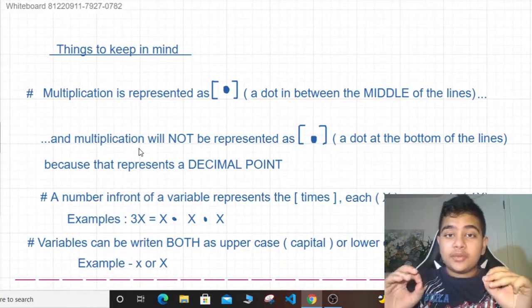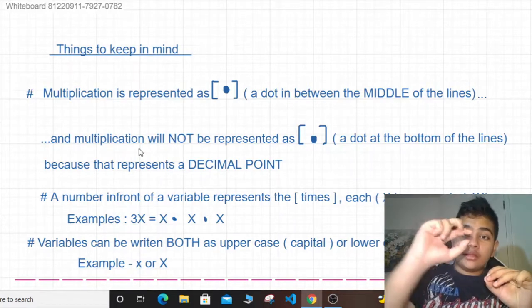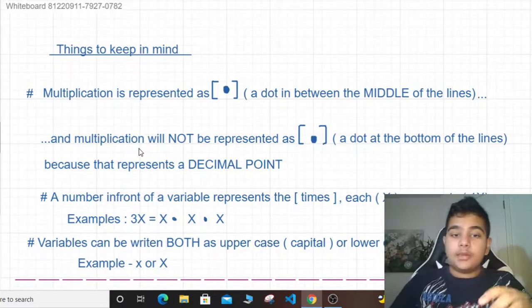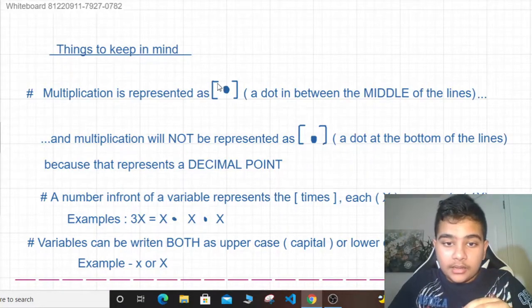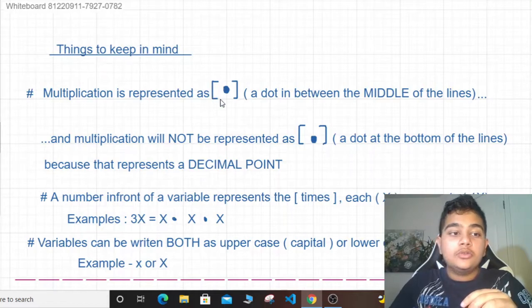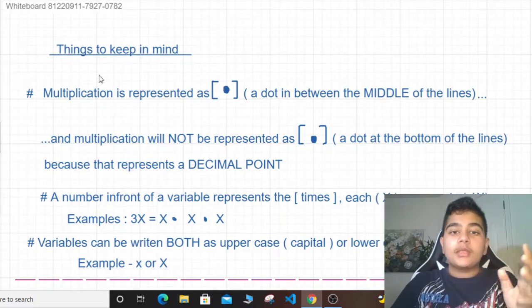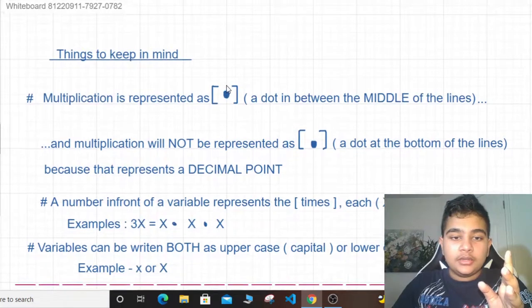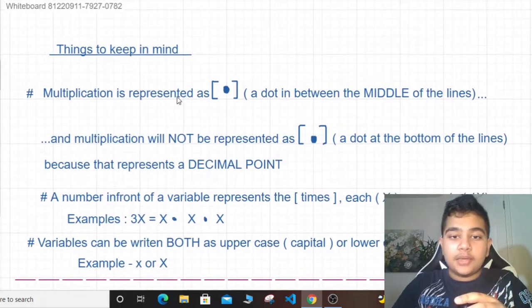Multiplication is represented as a dot in the middle of the lines. To put it easily, I'll just draw a coordinate plane so you can see it's in the middle.